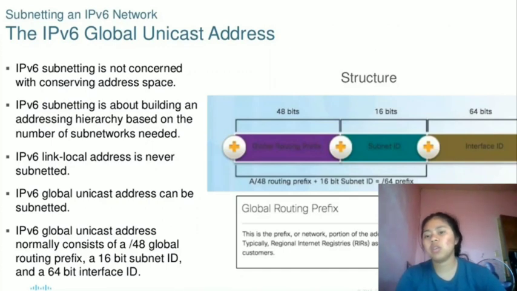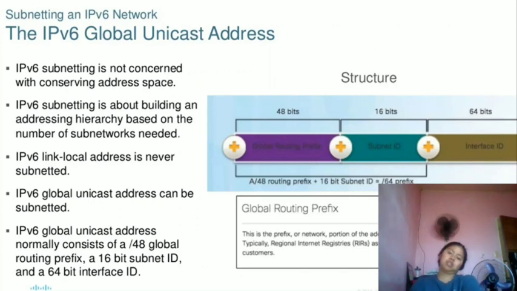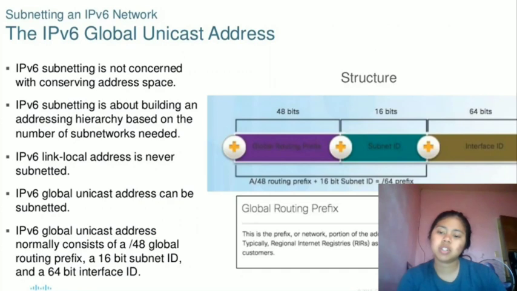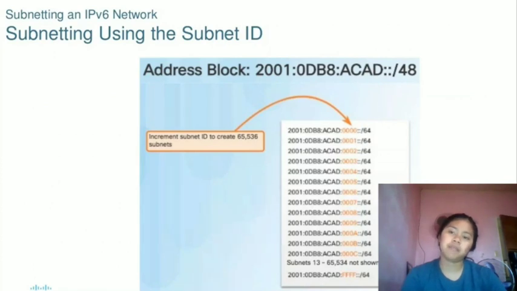An IPv6 link local address is never subnetted. An IPv6 global unique address can be subnetted. It normally consists of a 48-bit global routing prefix, a 16-bit subnet ID, and a 64-bit interface ID.